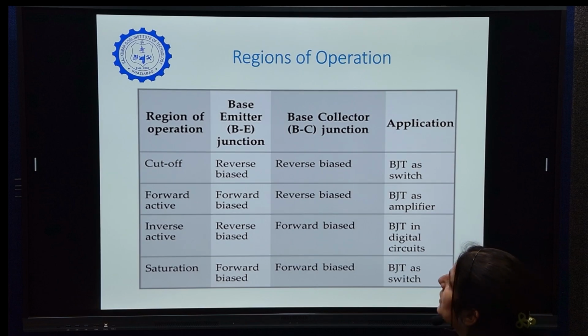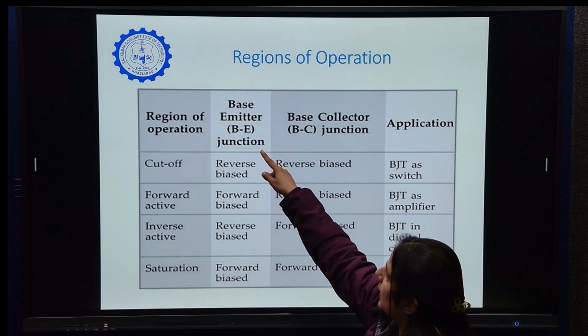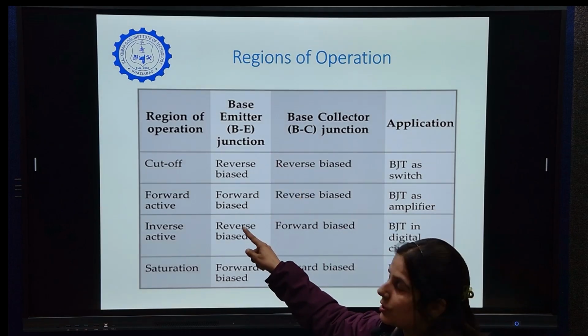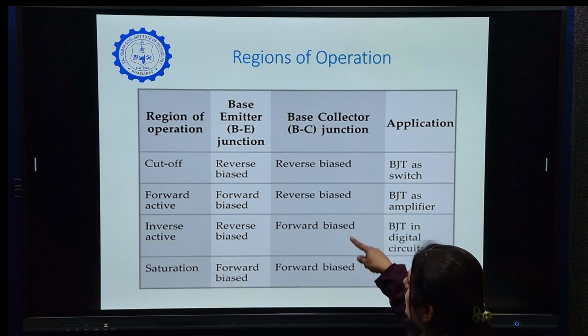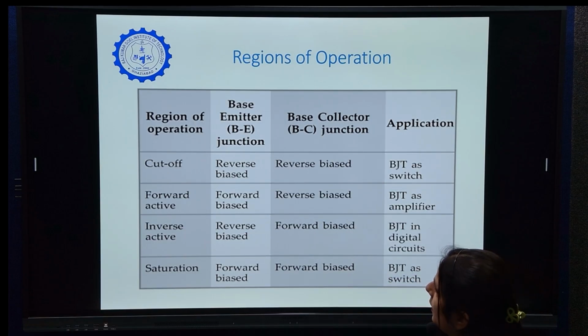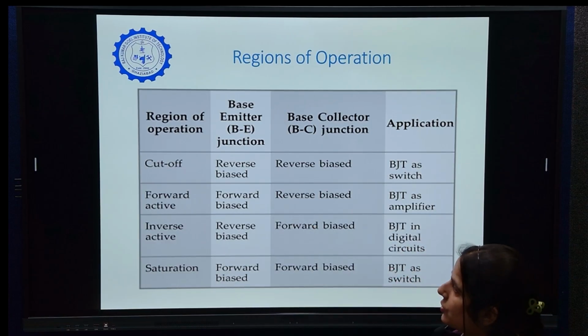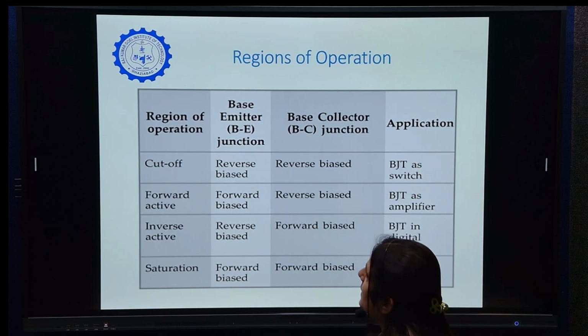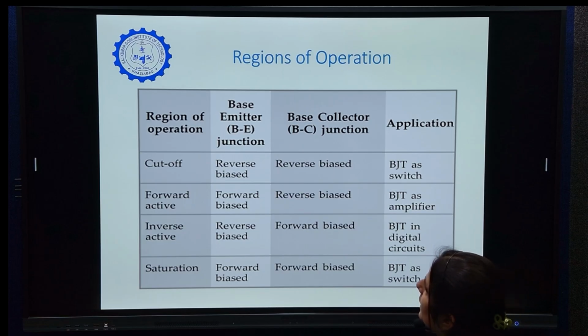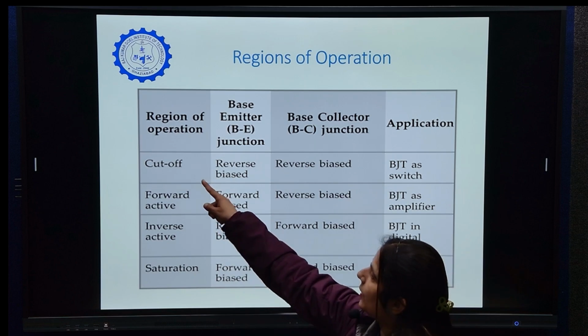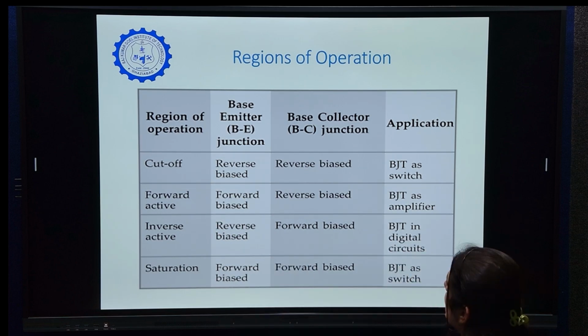These are the regions of operation in BJT. This is the base emitter junction, which is called junction J1. This is the base collector junction, which is called junction J2. When both the junctions are reverse biased, it means when the base emitter junction and base collector junction are both reverse biased, then the transistor works in the cutoff region, and in that case the BJT works as a switch.